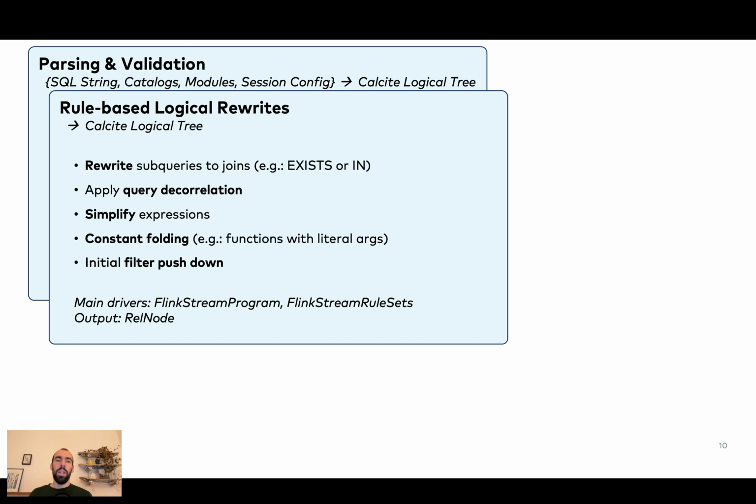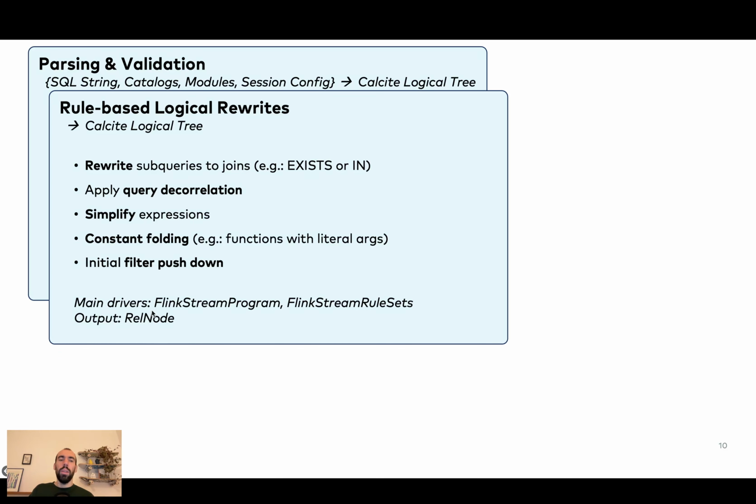We can already evaluate that to 2. So general constant folding, like reducing the number of functions and simplifying expressions. For example, functions with literal arguments will be evaluated immediately. And there's also already some kind of filter pushdown where we initially push some filters into the sources.